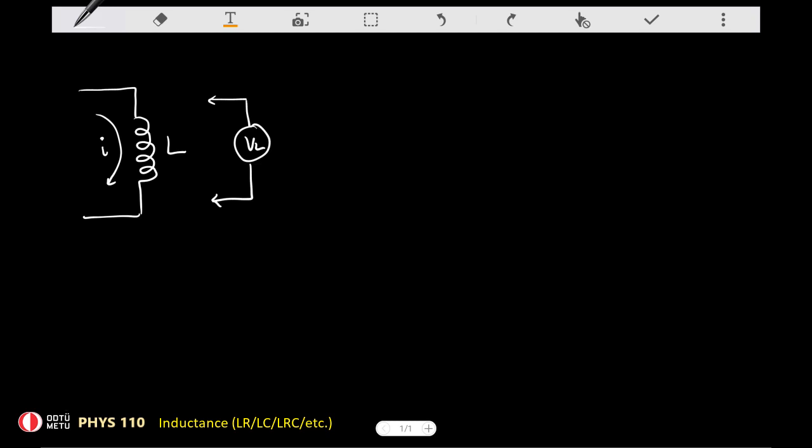So what we should really be talking about in here is the EMF produced by the inductor. But on the other hand, a lot of people just forget about that fine difference, since we are going to talk not about the inside of the inductor but the terminals of the inductor.